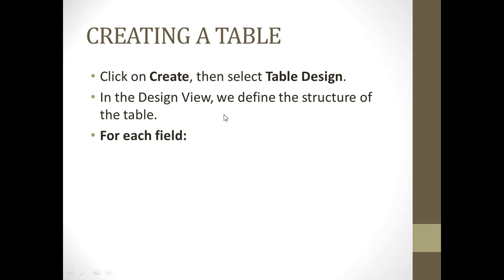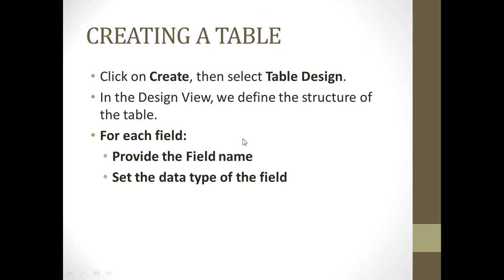Each of these pieces of data becomes a field, like customer name, customer ID, customer phone number, customer address. These are the fields that you will create in a table. For each field you create, you are going to provide a field name. For instance, customer ID is a field name. Then after that, you're also going to set the data type of the field.